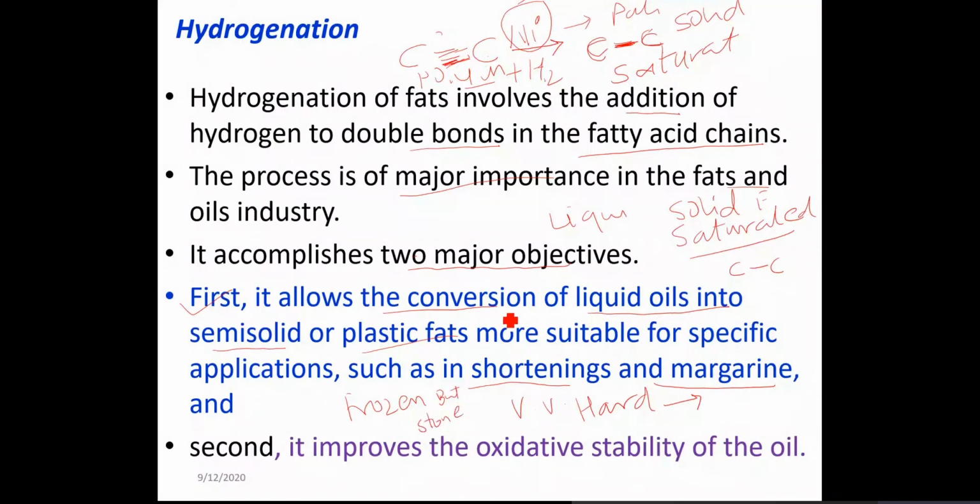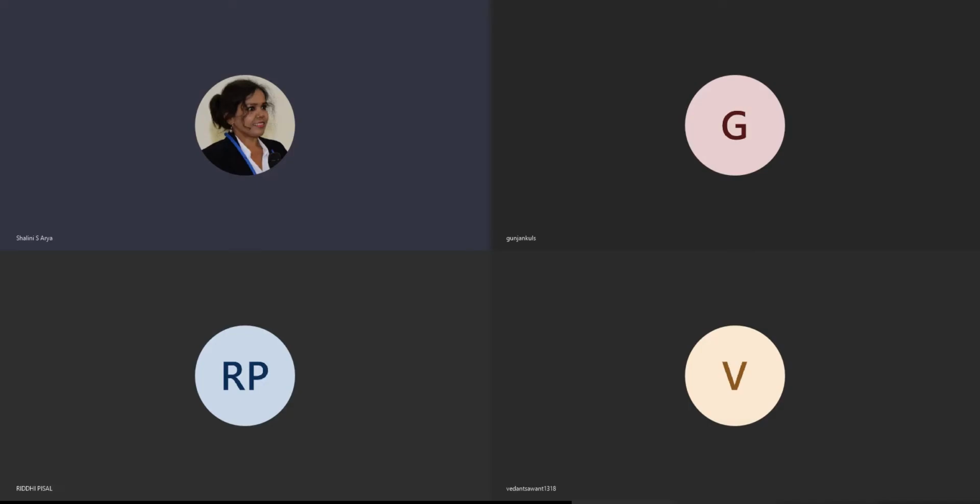So you convert a liquid oil into a solid fat, and this will result in either a semi-solid, depending on the process and the hydrogen. And the second important objective achieved is oxidative stability. Oxidative stability, we have seen. Let me stop here and then let me share with you.